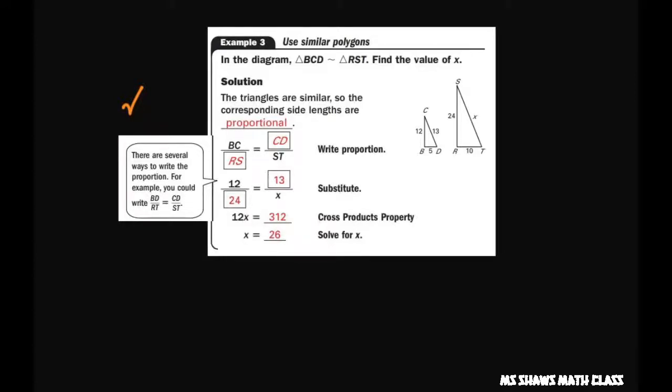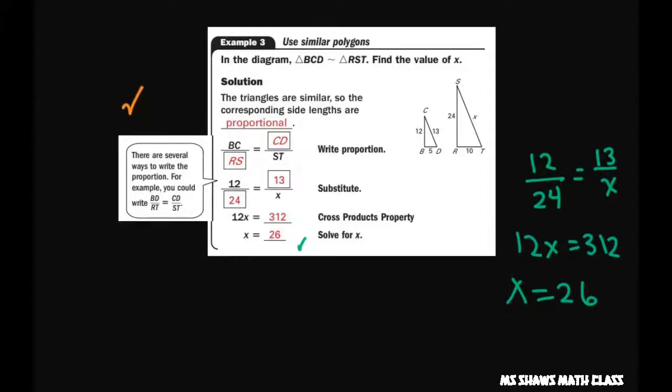So BC is to RS, so we have 12 is to 24 as CD, so CD is 13 is to X. And you cross multiply, you get 12X equals 312, and you just solve for X. Again, they have it. X is 26. So that just regards your similar polygons or triangles in this case.